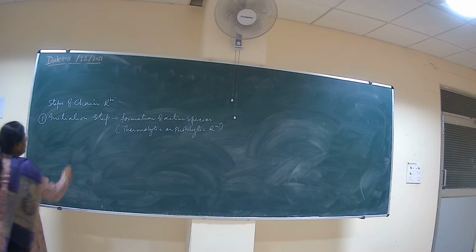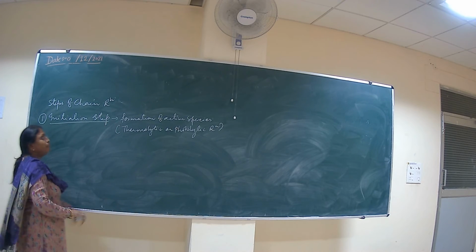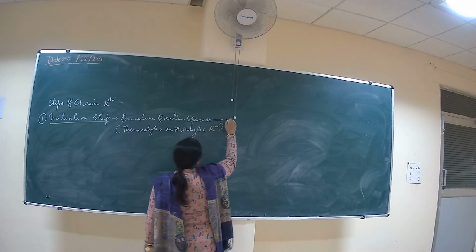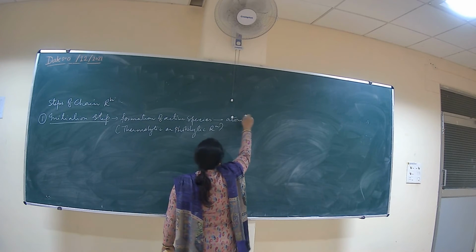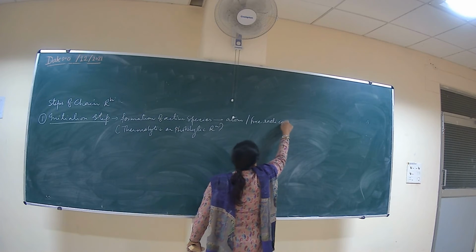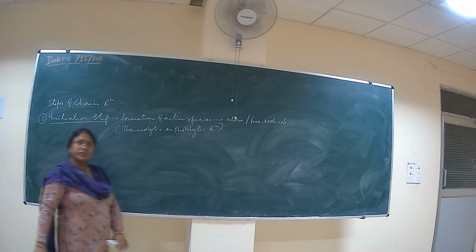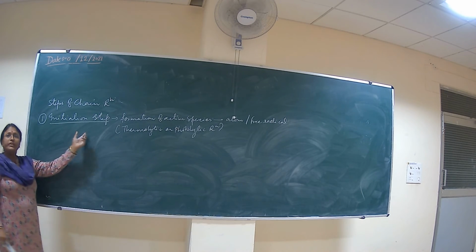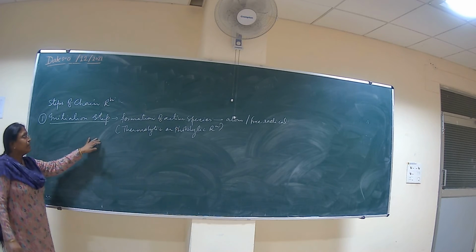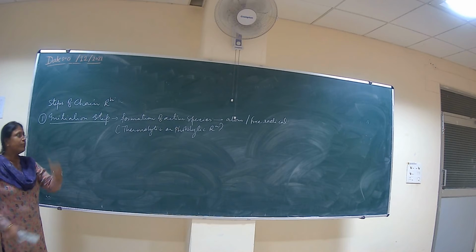Okay, so in the initiation step, the formation of active species takes place, and this active species can be an atom or it can be a free radical. Okay, so when the atom or the free radical is formed, it gains the energy, and that energy is transferred to another molecule.